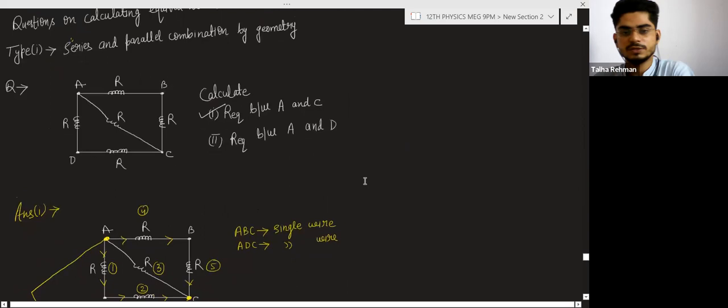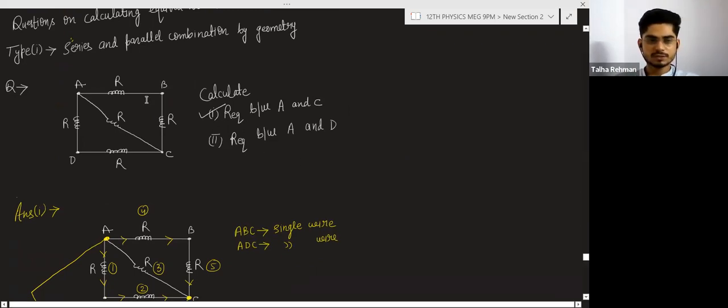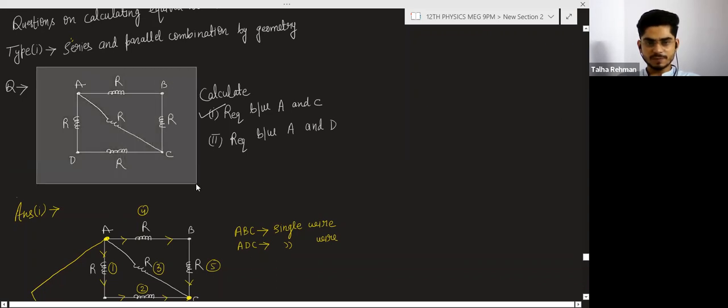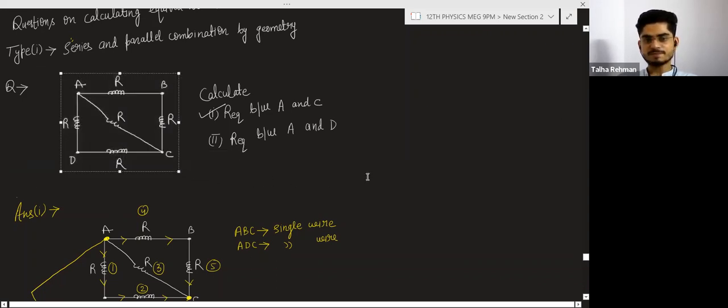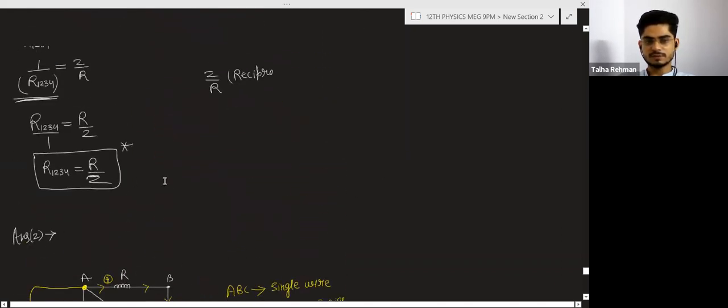You have to just connect the imaginary battery between the resistances. This is not looking like a series combination, not looking like a parallel combination. This is just a complex circuit, you can say. But if we follow the steps, then see we have got the answer.